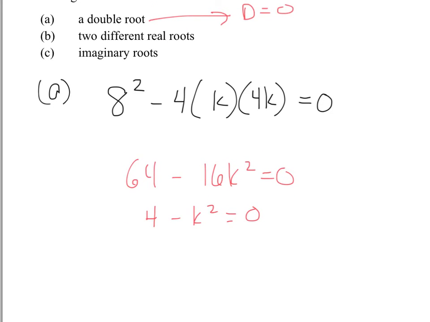Now, I can solve this 2 ways. Give me one way to solve this, please. Sabine, what's one way to solve this? That's fine. You can say factoring for this, yeah. What would you put? Yeah, this is difference of 2 squares, right?